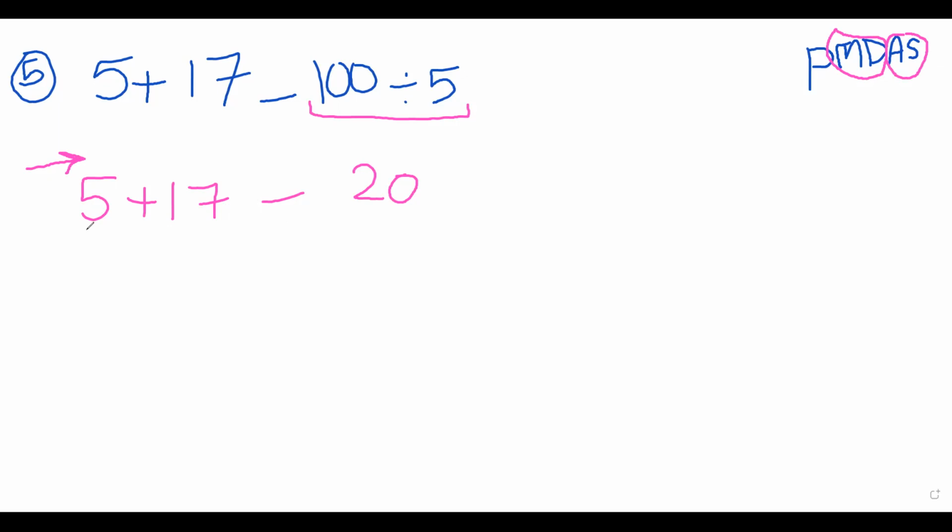Then you have to add 5 plus 17, which is 22, minus 20, which is 2. Bravo. Did you understand it? Take your time to write now.